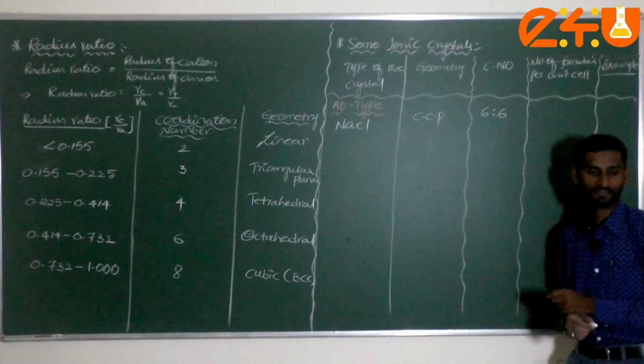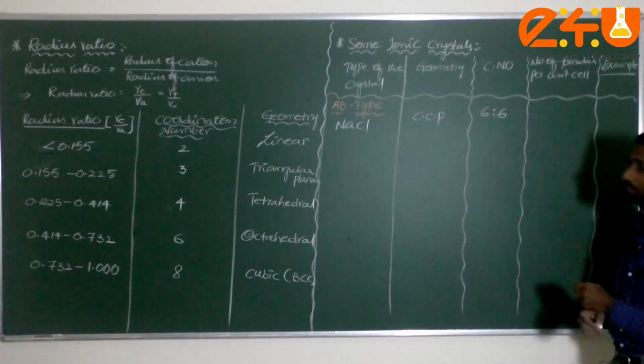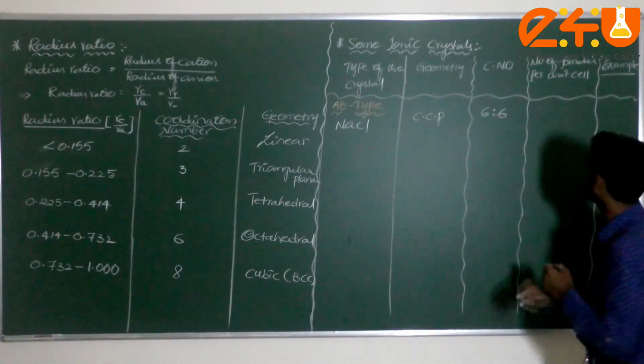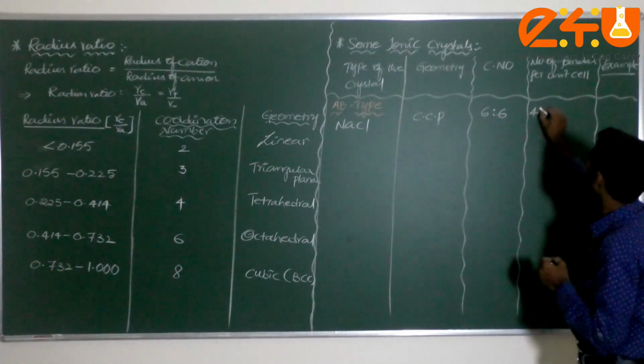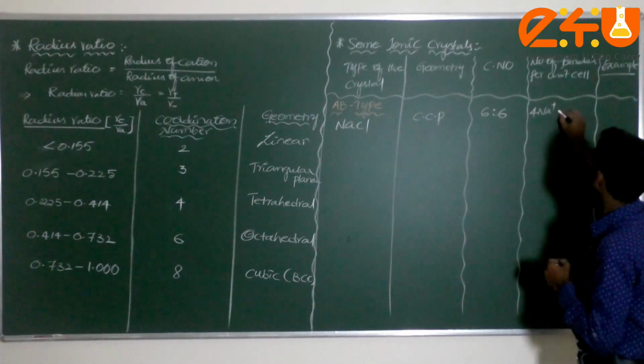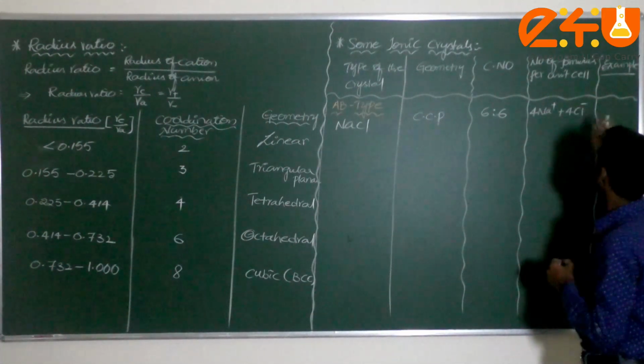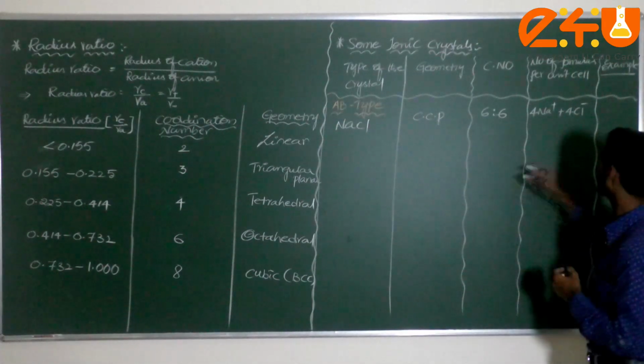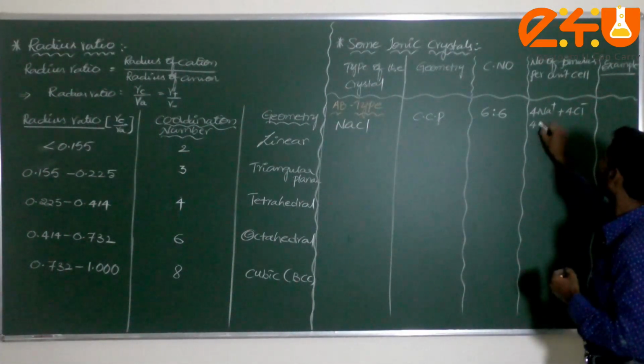Next, the number of formulas per unit cell. If you consider here, there are 4 Na plus and 4 Cl minus, so we can write 4 NaCl.